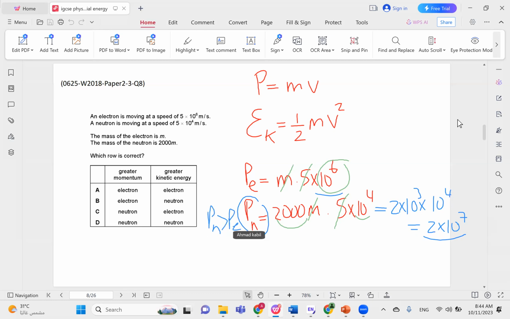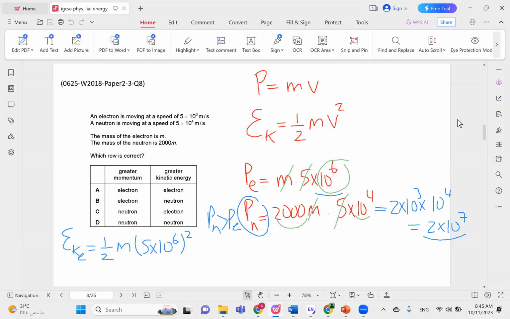Let's repeat the same process for the kinetic energy. The kinetic energy of an electron is equal to half times its mass times its speed, which is 5 times 10 to the power of 6 all squared.